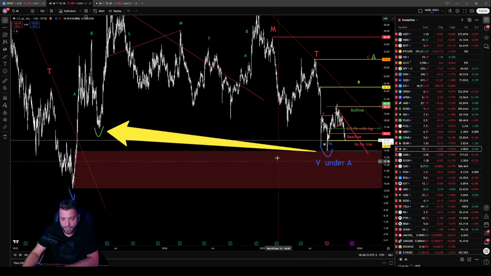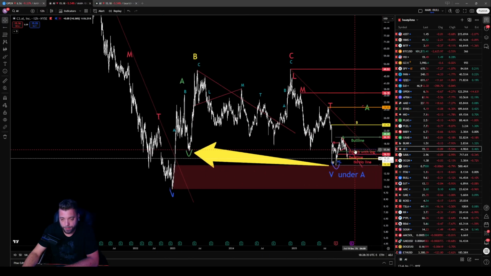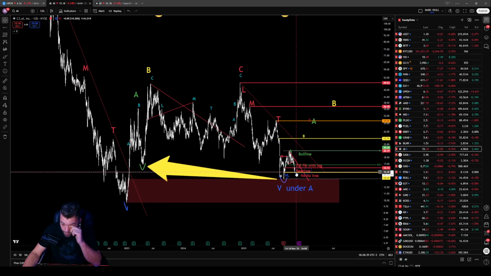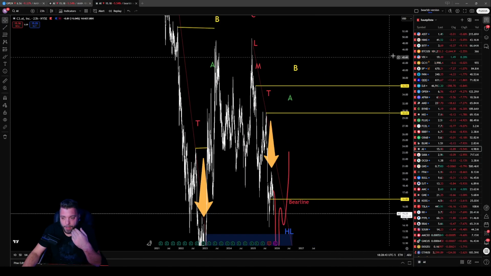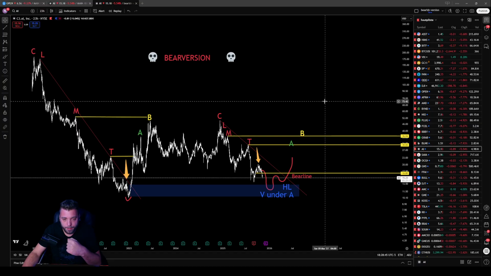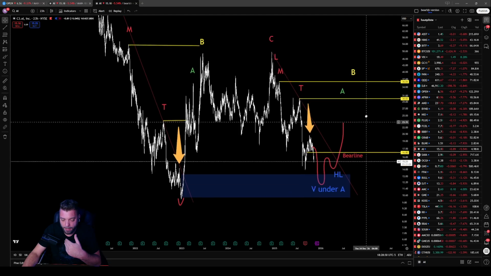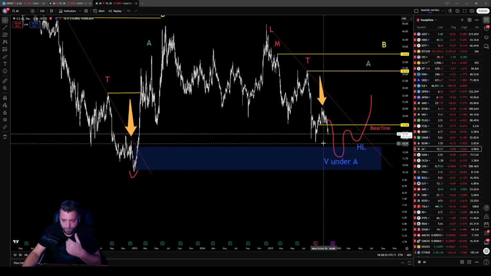For me, the bullish version, just the bullish version where we bounce here, is over. For me, now the bearish version is absolutely in play, and that would just mean we need something lower than $14.